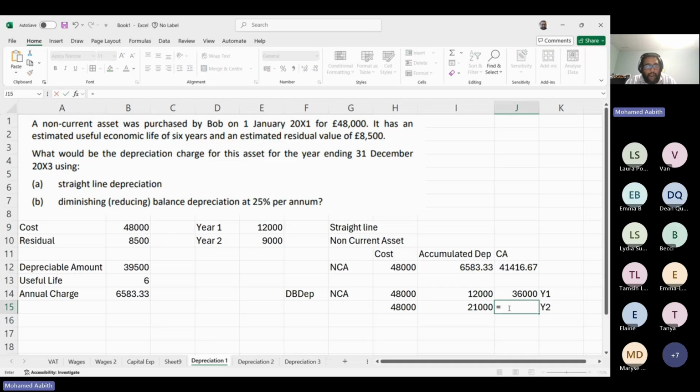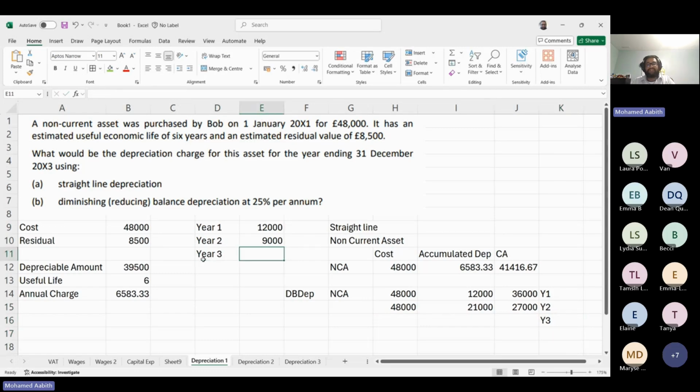So what is going to be my carrying amount? Look at the carrying amount now. It has reduced by that minus that. Oh, hold on. Can't be that minus that. Yeah, 27,000 pounds. That is the end of year two. So now let's look at year three. They want you to find out how much the depreciation charge is.